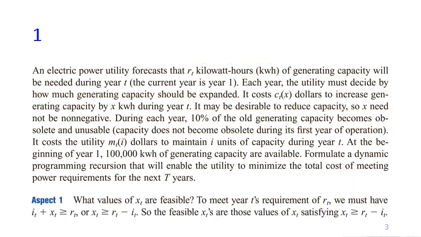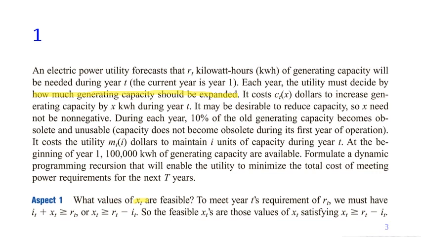Same as before, we start formulating the recursions by thinking about aspects 1, 2, 3. Aspect 1 is: what are the allowable decisions? Our decision is to decide how much generating capacity should be expanded. So what are the allowable values for xt? xt is the amount that we expand the capacity.